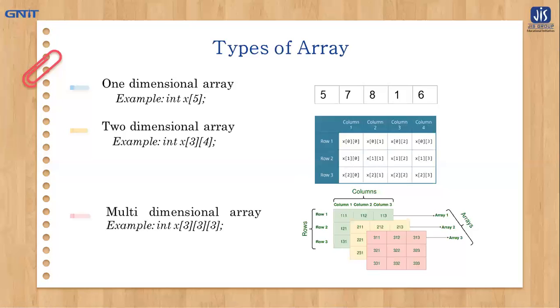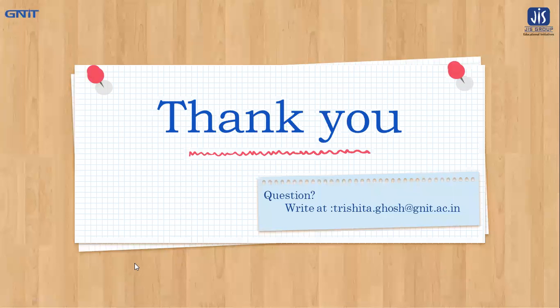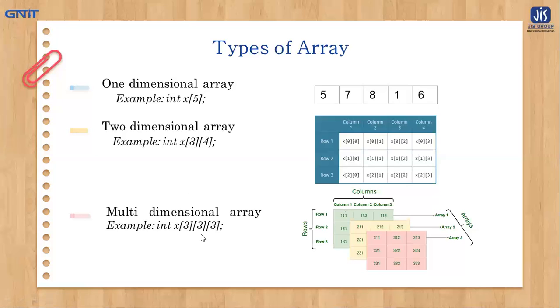Okay, so next is the multi-dimensional array. You can see in this example that the first value is 3, which means there will be 3 different arrays, and then 3 3, which means there will be 3 rows and 3 columns.